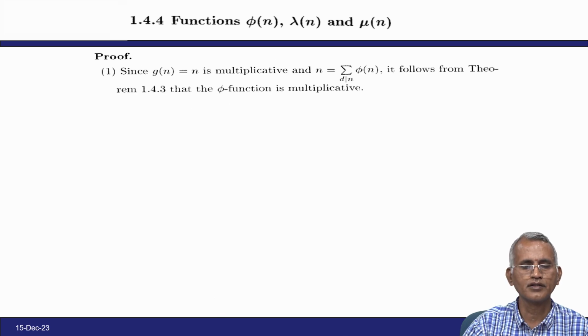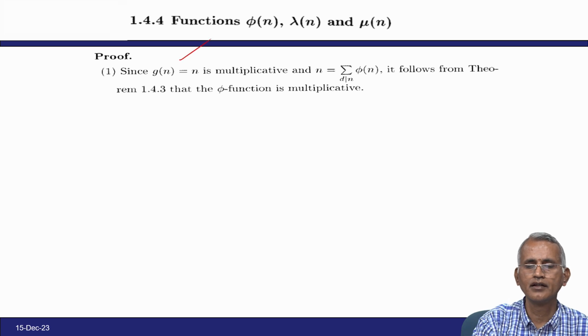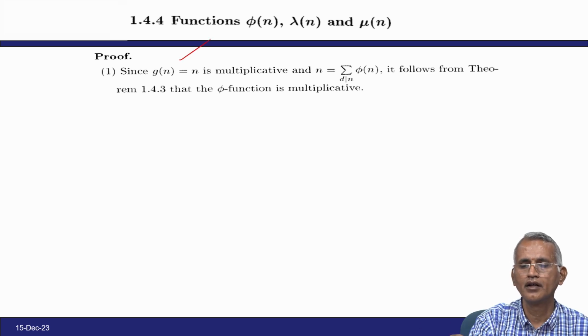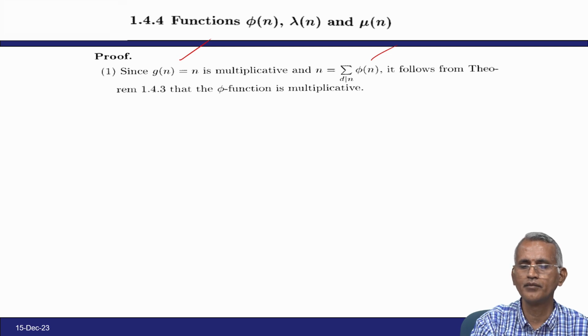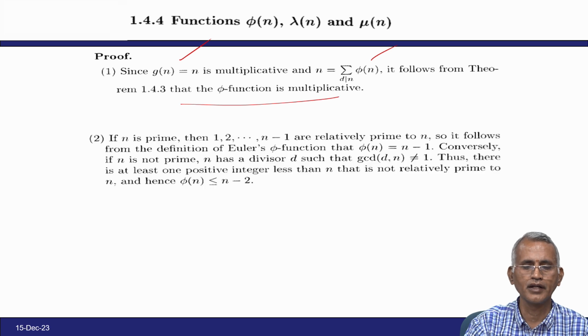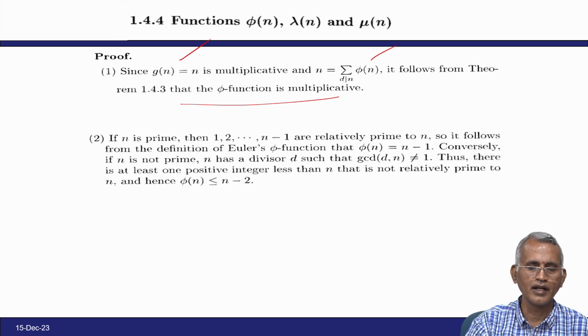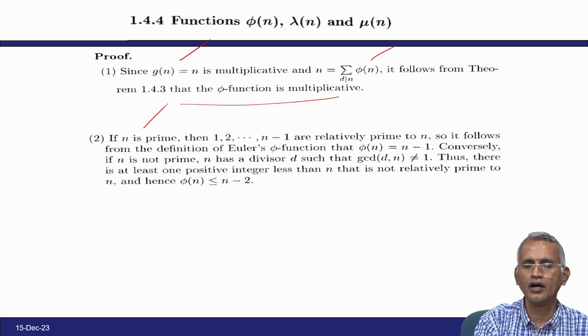So, the proof is: if g of n equal to the summation over d dividing n of phi of d is multiplicative, it follows from the theorem that phi is a multiplicative function. If n is a prime, then 1 to n minus 1 are relatively prime to n.